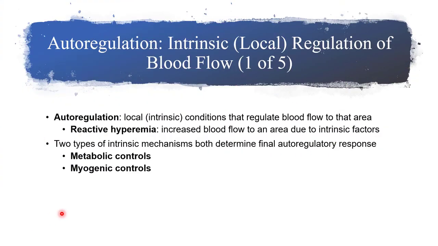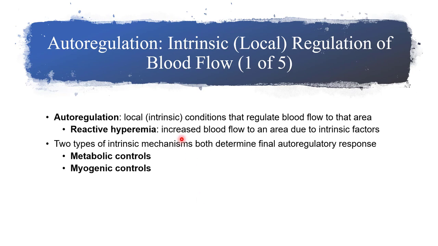Let's take a look at what these autoregulatory mechanisms are. The intrinsic regulation of blood flow. Autoregulation makes use of local, intrinsic conditions that regulate blood flow to a specific area.